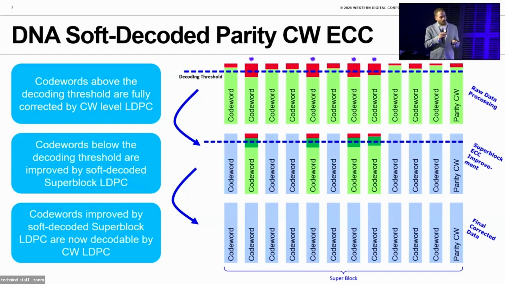And if it doesn't work, I can use that super block error correction parity sector that I put out there to improve the code words that didn't pass, or if they're simply missing, I can reconstruct them. Then at the end, my overall super block that I've protected with that is fully recovered. So again, we're applying very similar technology to what we've already been applying on our HDD products today, and we can apply that here through DNA storage as well.